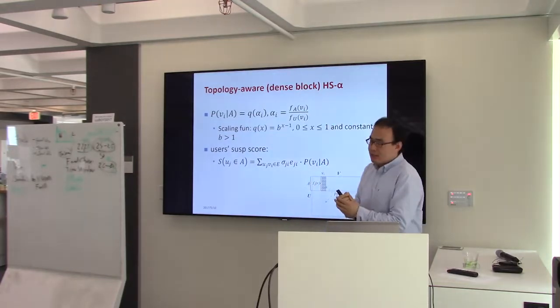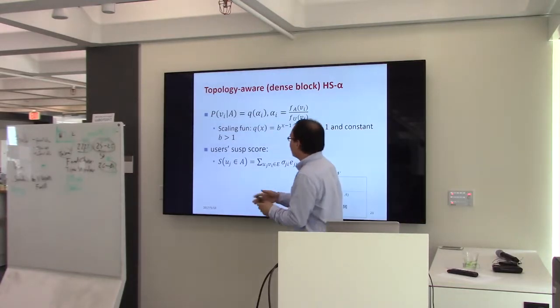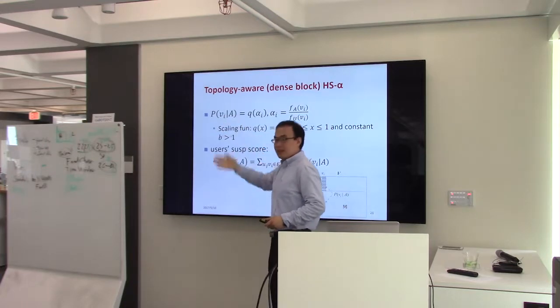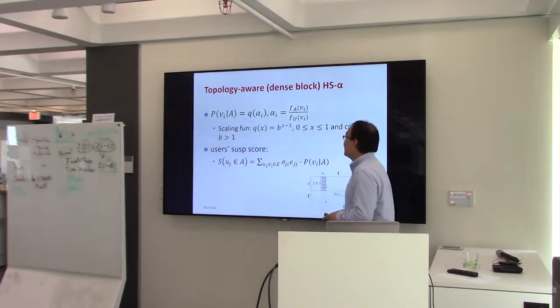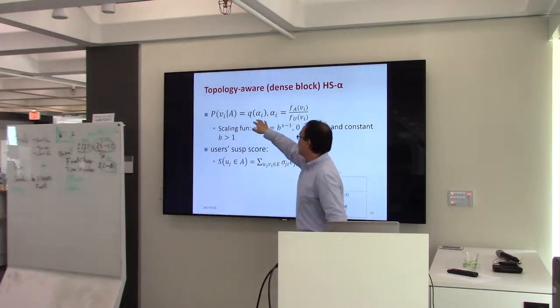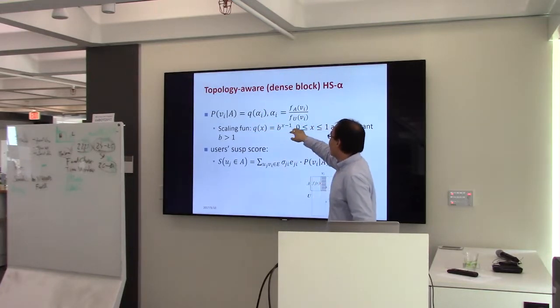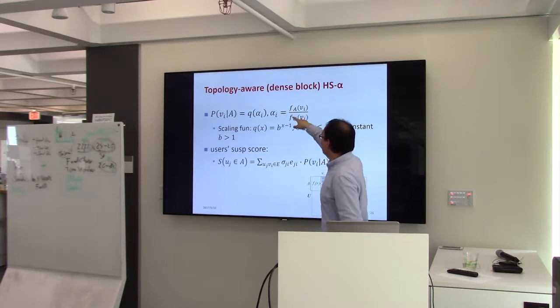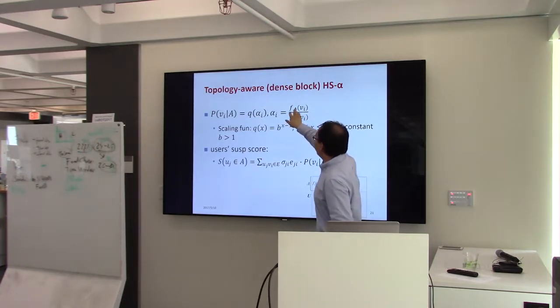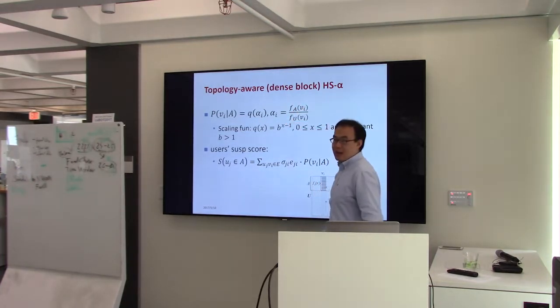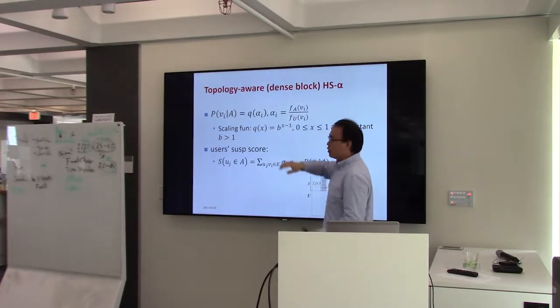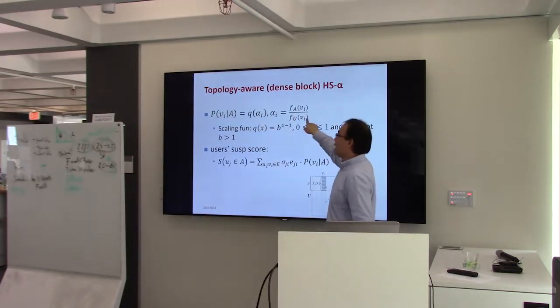So the contrast distribution we defined in the last slides has a concrete formation: Q(alpha_i), where alpha_i is simply defined as the number of edges from A to Vi, relative to the number of edges from all users to Vi.